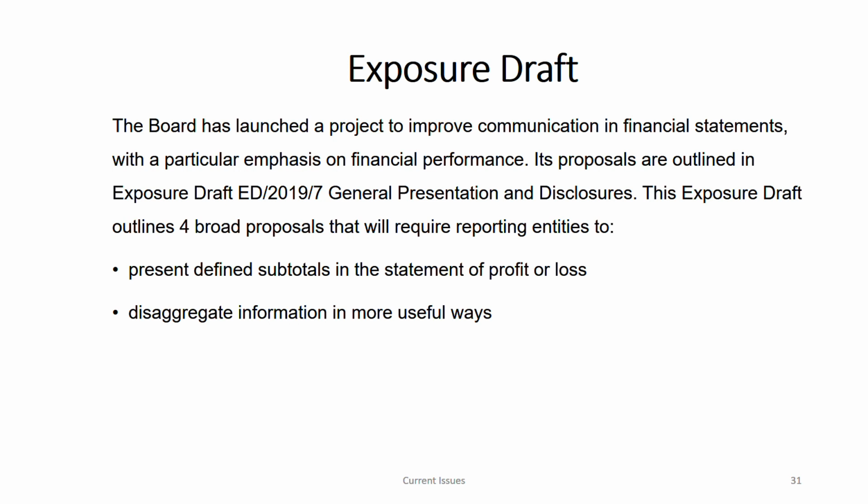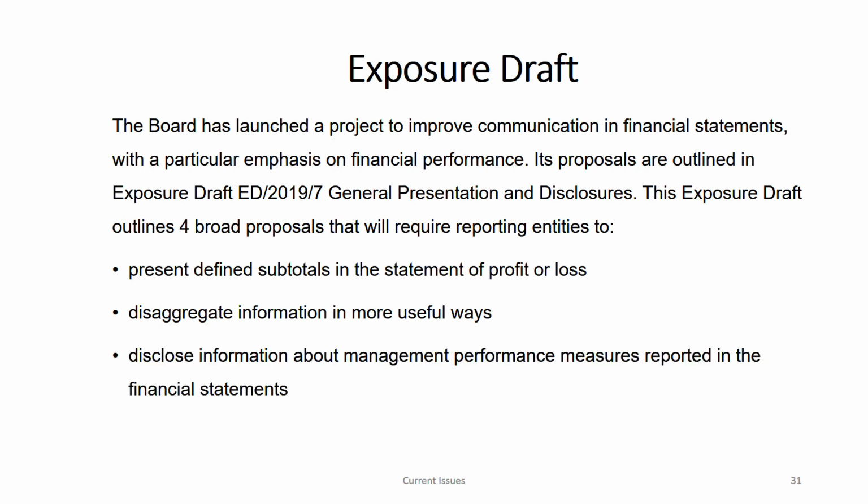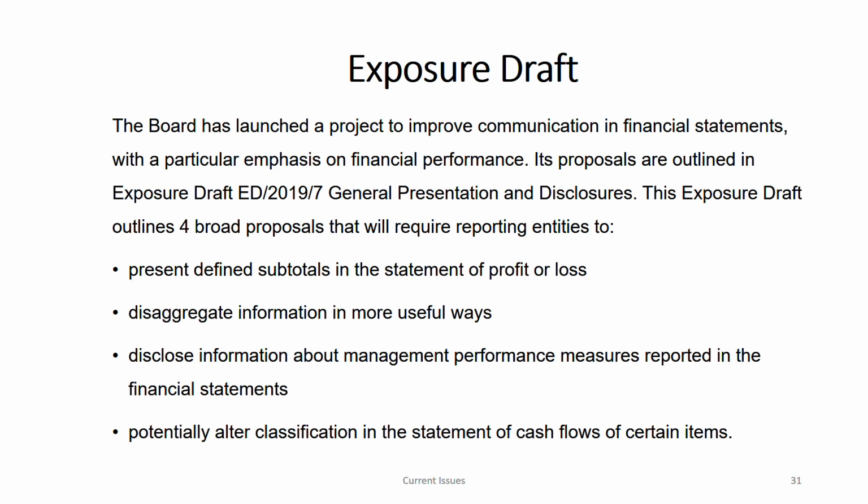When you're presenting information, you cannot put everything together. You need to disaggregate certain information so that it becomes more useful. Third, disclose information about the management performance measures that are reported in the financial statements. And the fourth one is cash flow. Some classifications that were there in the statement of cash flows are no longer there.